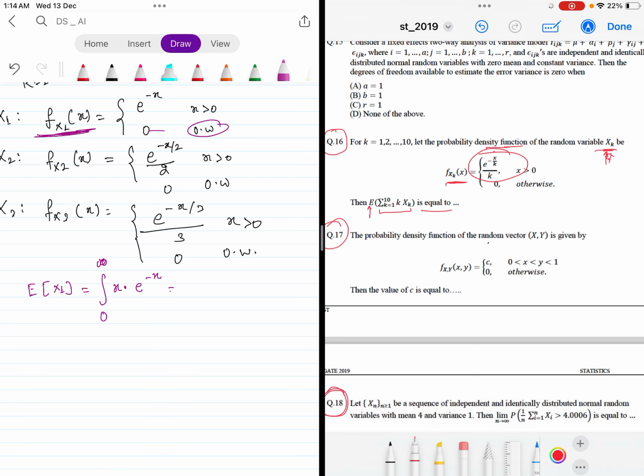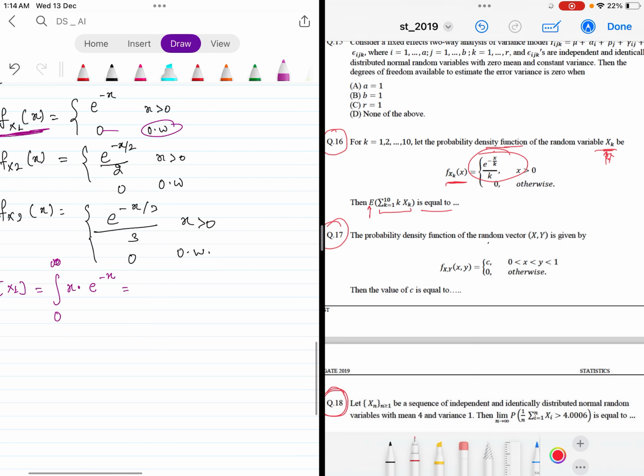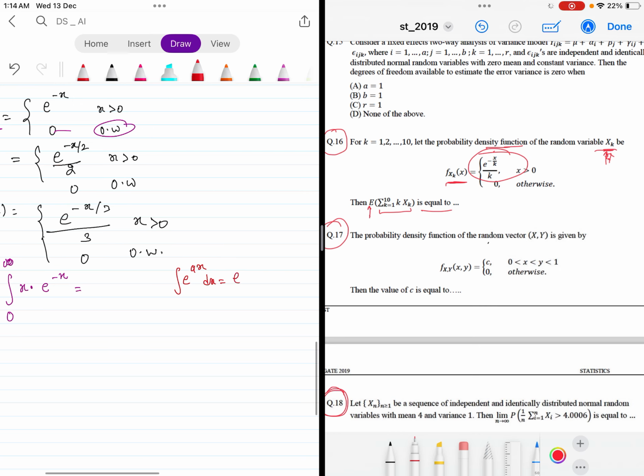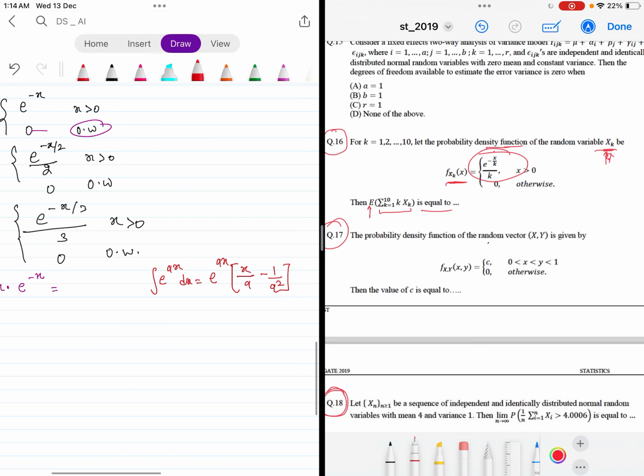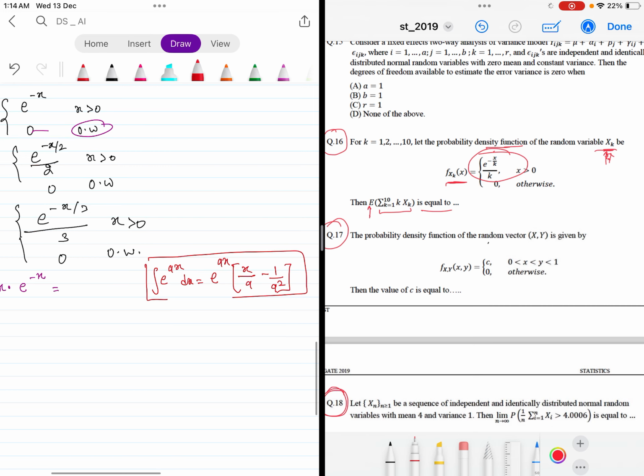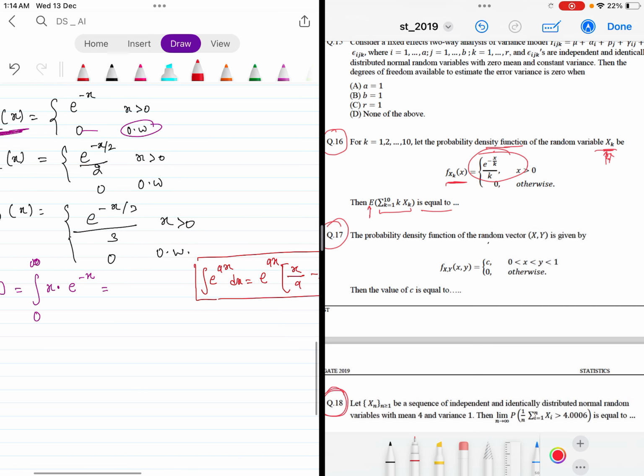For that, let me remind you what the integration of e to the power ax is. The integration of e to the power ax is e to the power ax into x divided by a minus 1 divided by a square. You can use this and directly evaluate it.